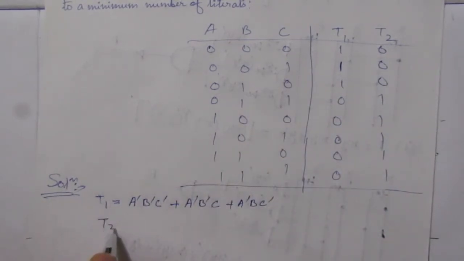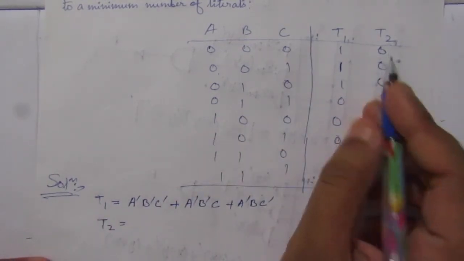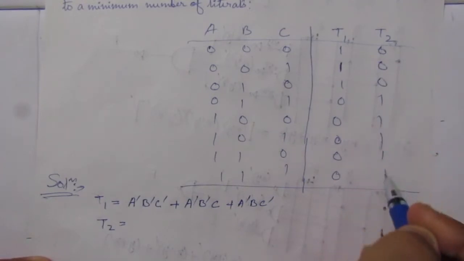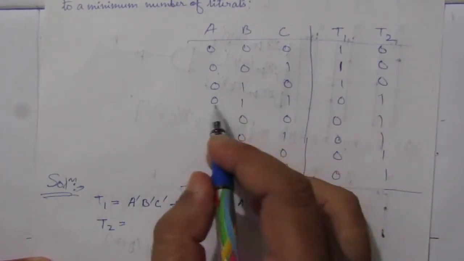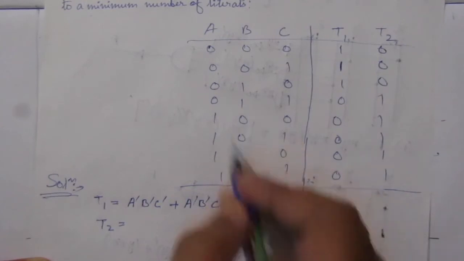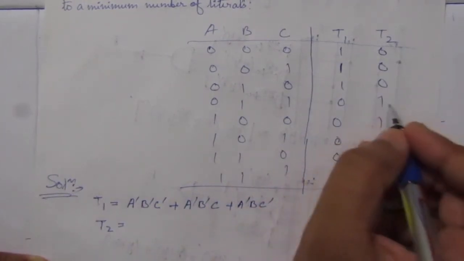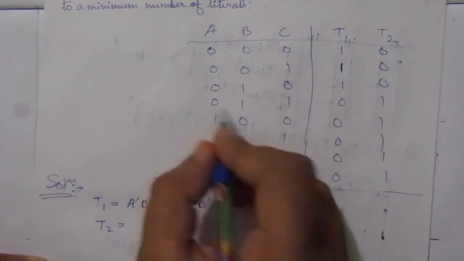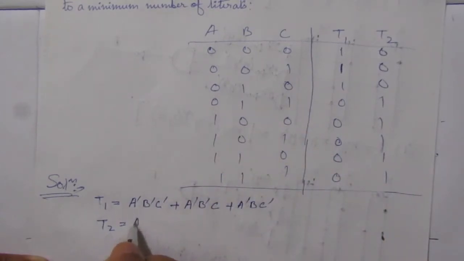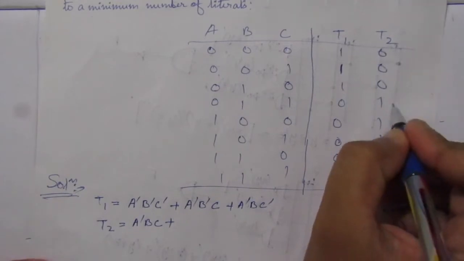Next, we have to find out T2. For T2, we have 0, 0, 0, then we have 5 ones. So we have to write these remaining inputs. For this one, we will have A bar, B, C plus, for this one is done.